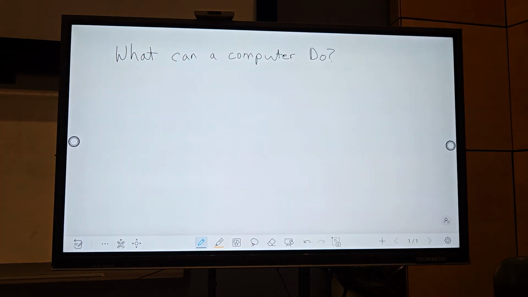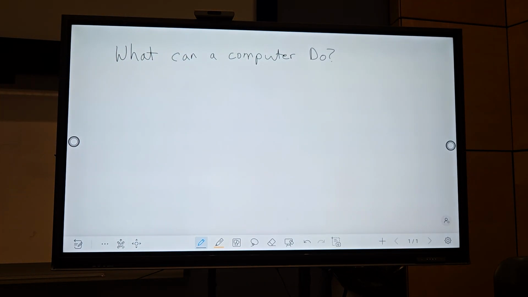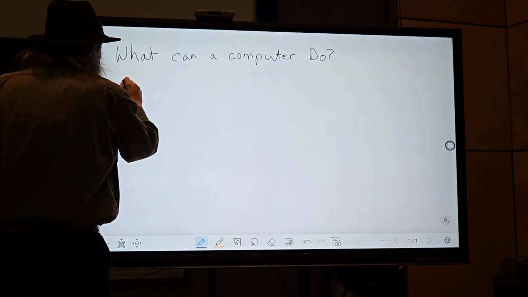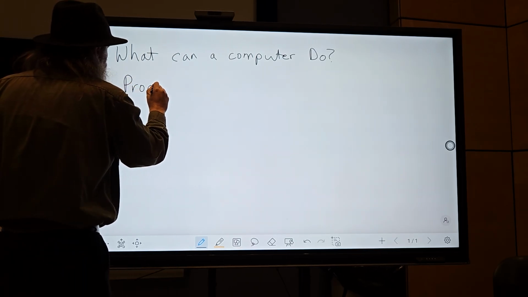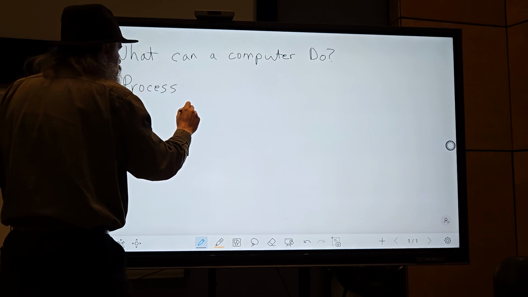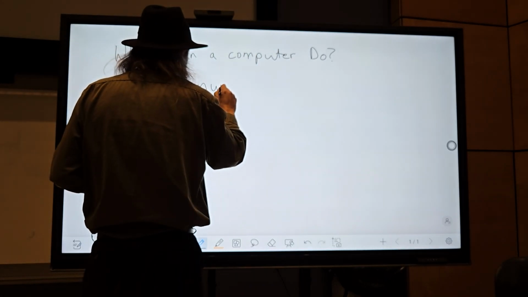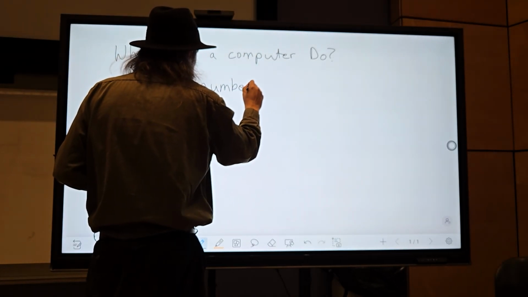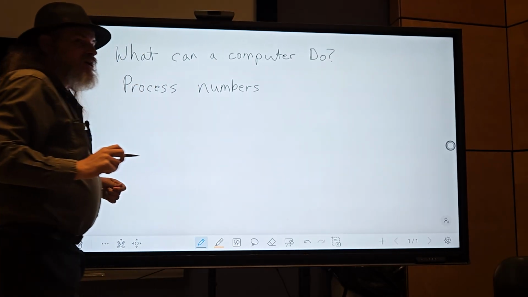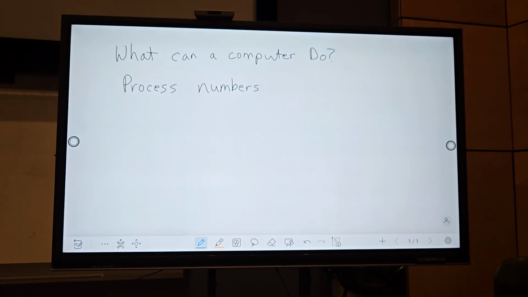What can a computer do? Well, it can process numbers. We all learned binary earlier on in the semester or in previous classes. That's the number system that modern computers use. But it can process numbers.